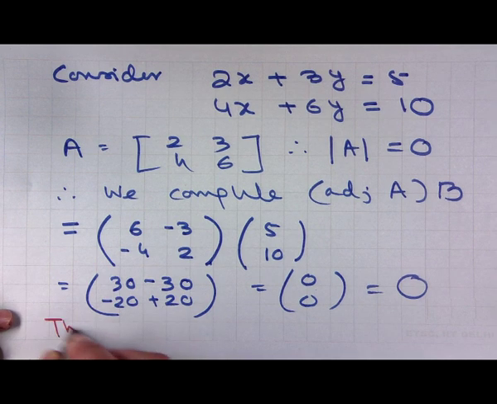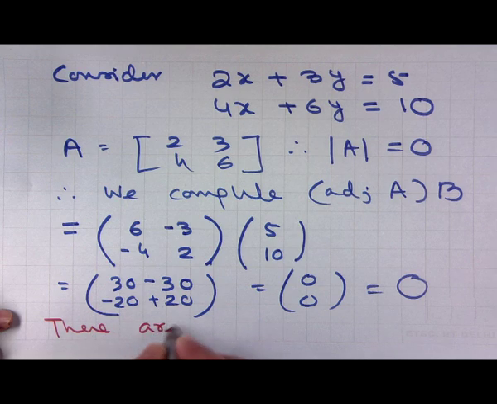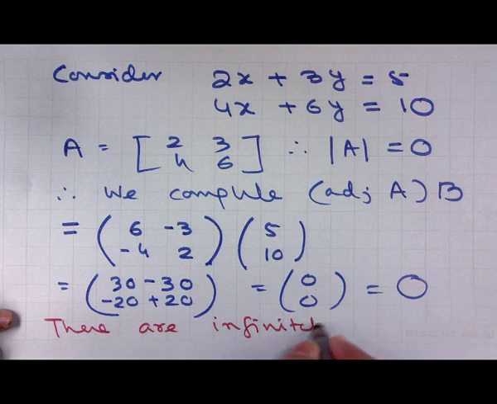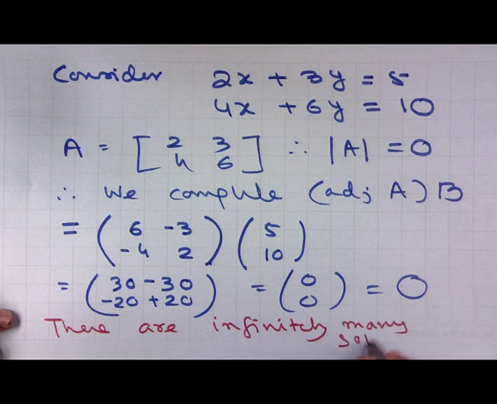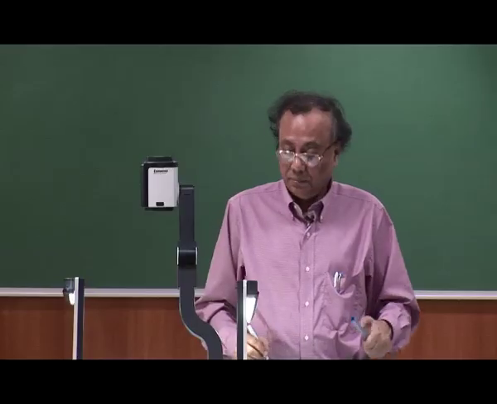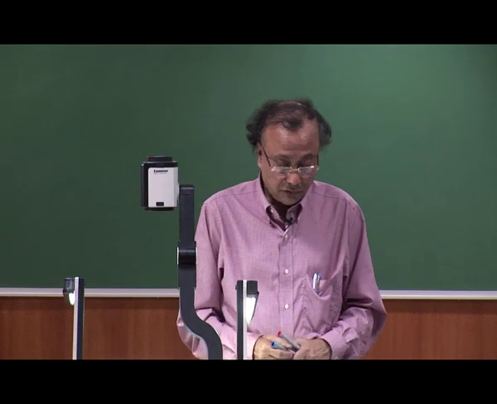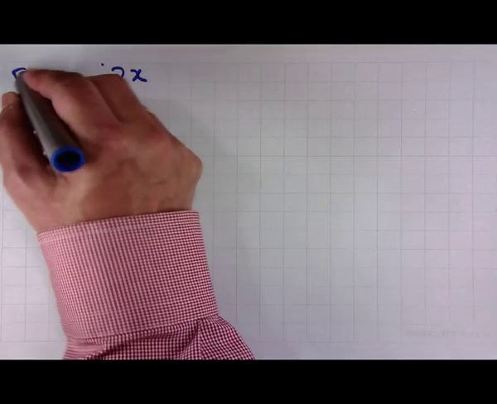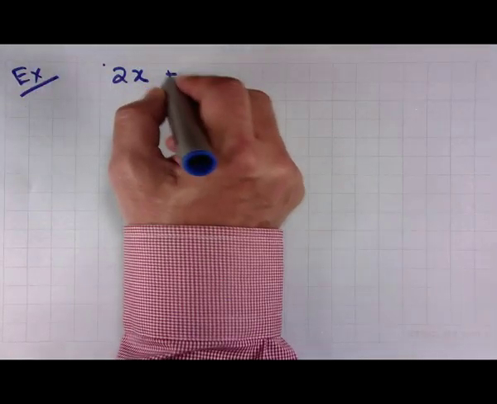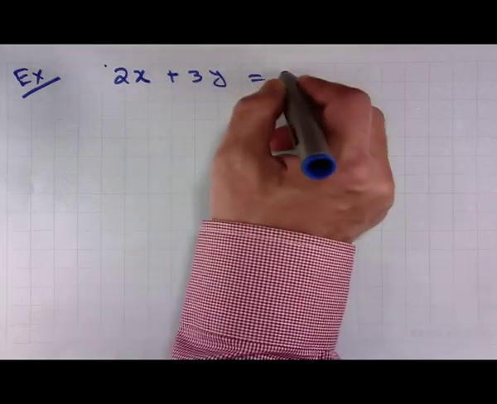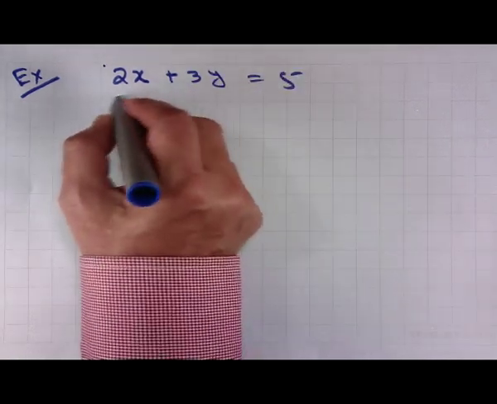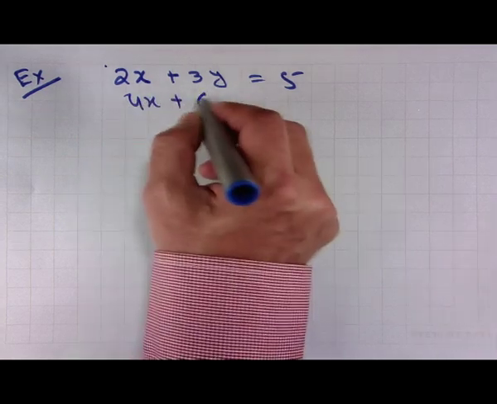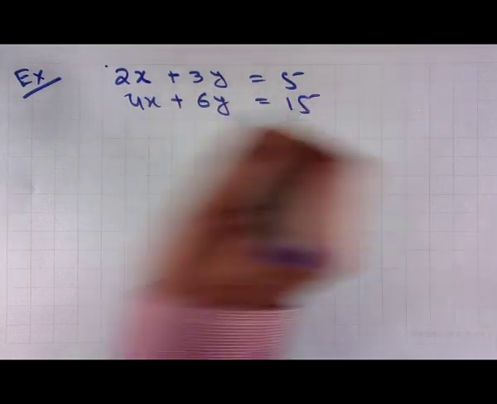Therefore, as we have seen, there are infinitely many solutions. But suppose we have a new example, 2x plus 3y is equal to 5 and 4x plus 6y is equal to 15.